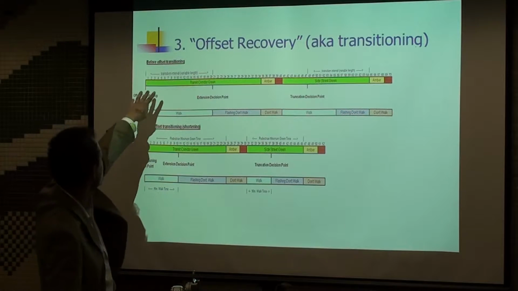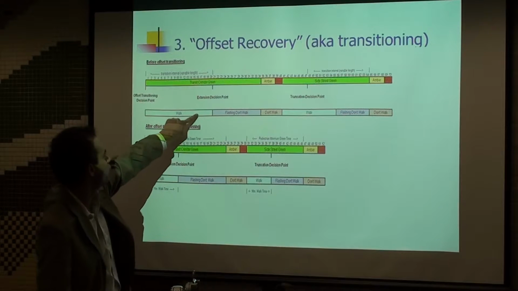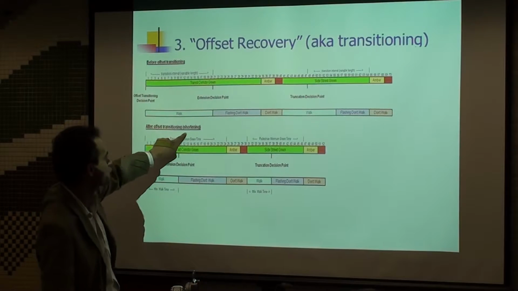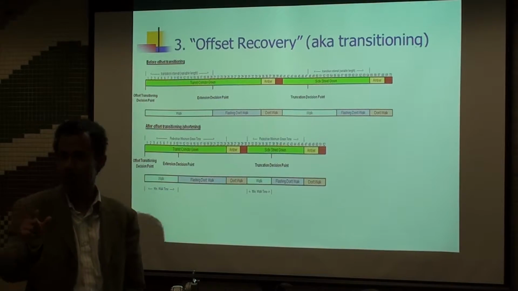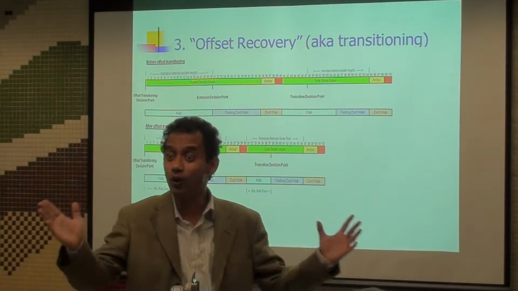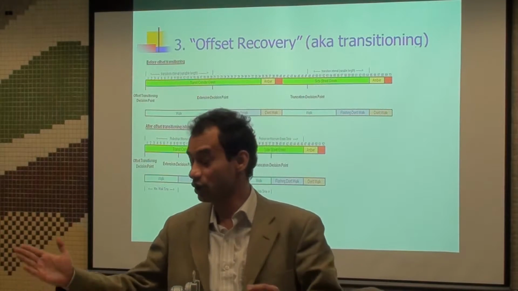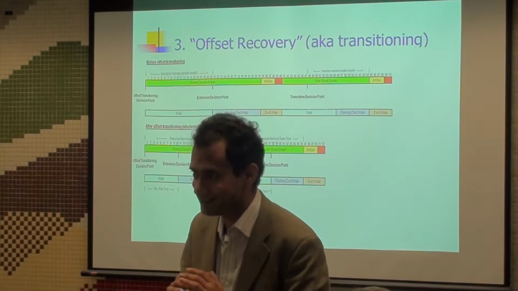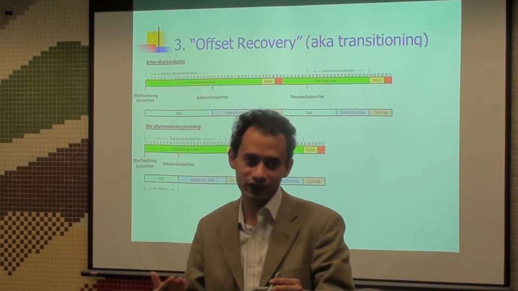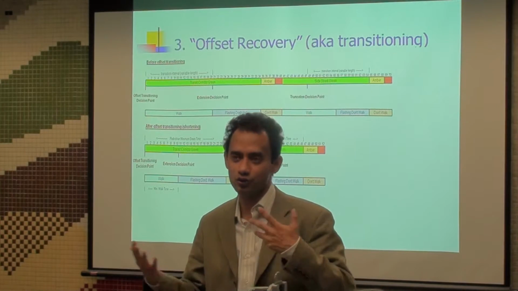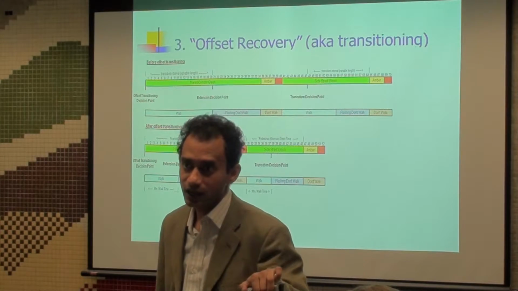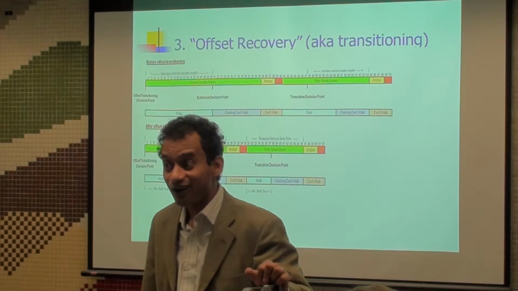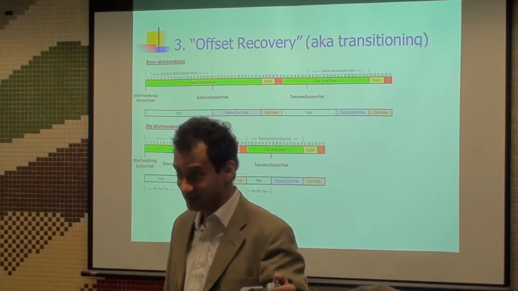So before offset transitioning, what we need to do in the offset recovery is shortening. So your green signal, you are shortening. Once there is no car, no public buses, then you start shortening green to go to that normal operation. There are some risks of having traffic disrupted.